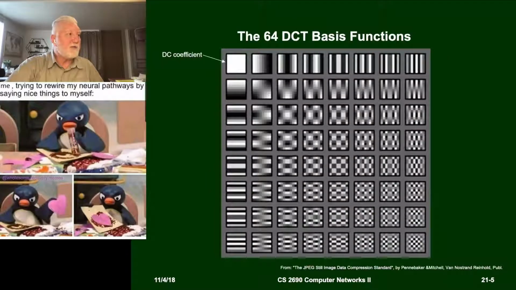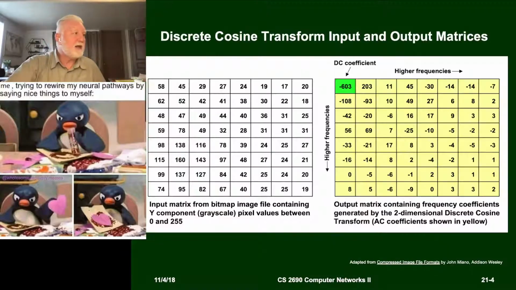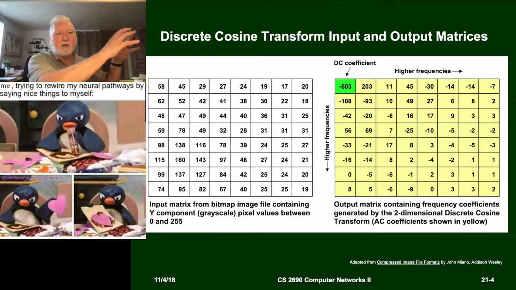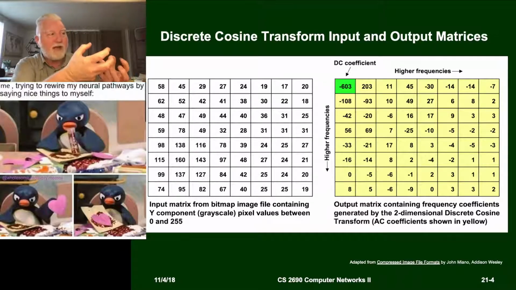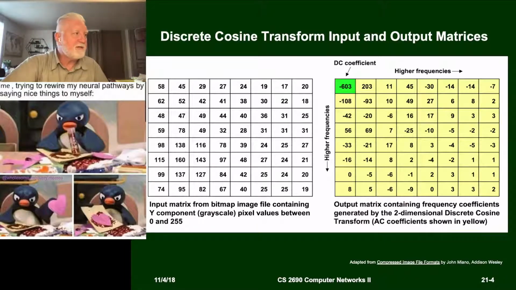By converting it into a frequency representation and frequency coefficients, we can tell which ones are more or less important. And they're less important as you move down and right. That's the bottom line. Higher frequency is more refined, lower frequency is the most important data. Okay.